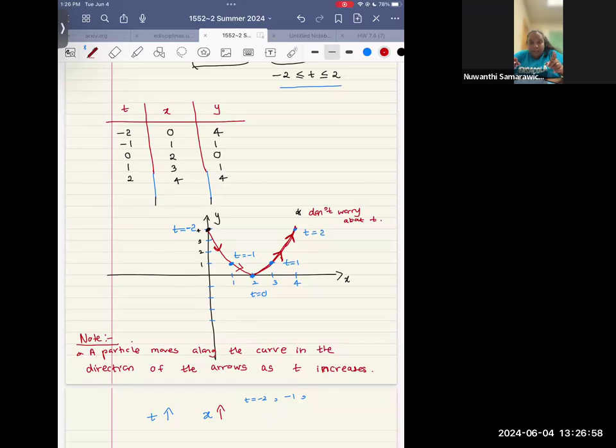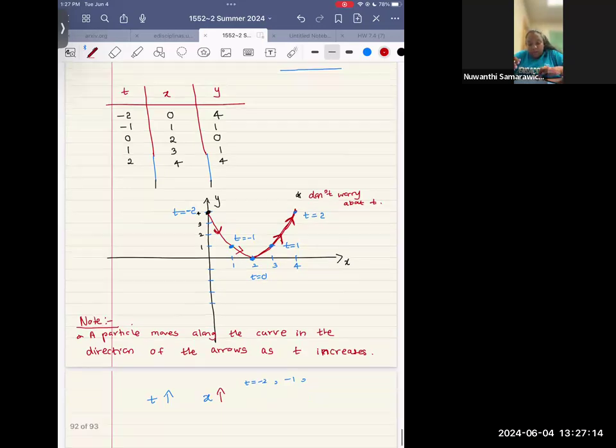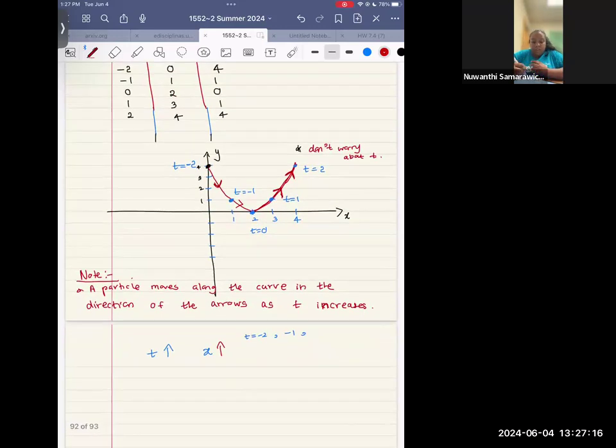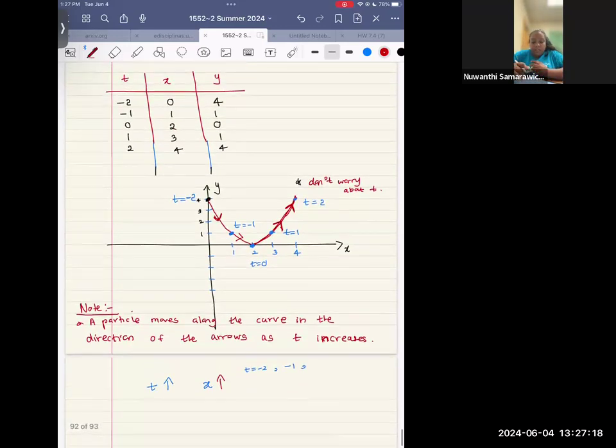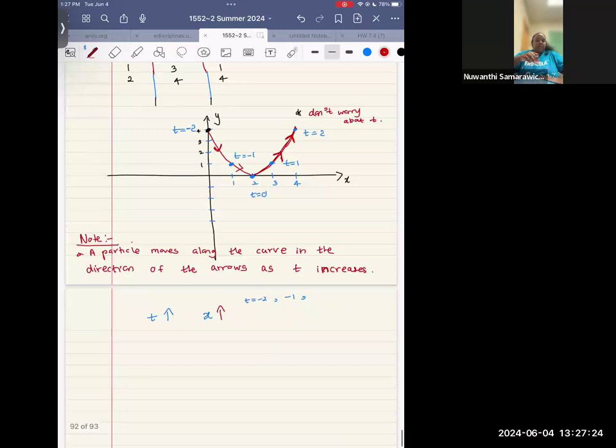The next step, the different part, is to draw the direction of the particle. How do we find that? In the direction where t increases, you draw the arrows. When t increases, x increases, so the direction is this side. So this is one example.